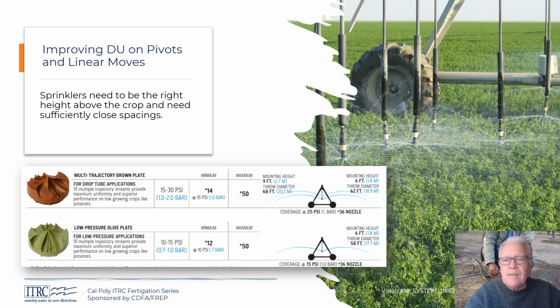Another thing about linear moves and pivots is that the overlap pattern does depend on how high the sprinkler is above the crop. And different sprinklers by different manufacturers with different nozzle sizes and different spin plates, trajectory plates, whatever you want to call them, will have different rules in terms of how high they ought to be positioned above the crop canopy.